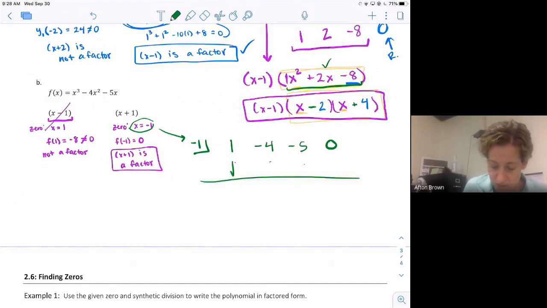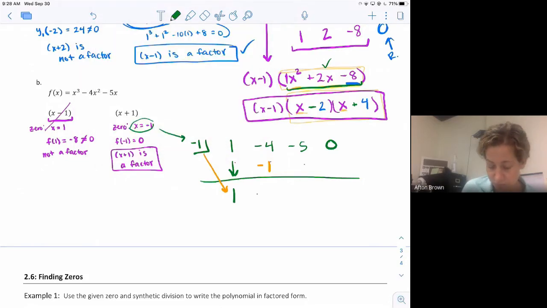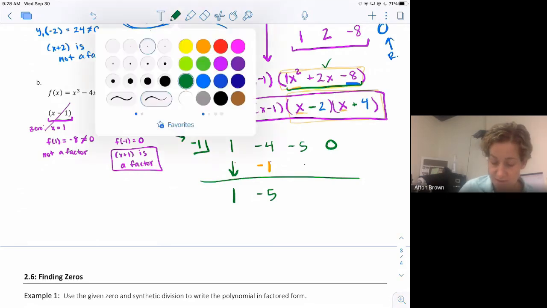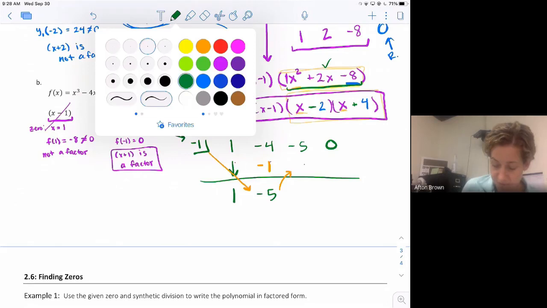Okay, then we drop the 1, and I'm going to go through synthetic division again. So I multiply these two. -1 times 1 gives us a -1. And then we add -4 plus -1 gives us -5. And I repeat this process. So now the number in the box multiplies the number below, and -1 times -5 gives us +5.